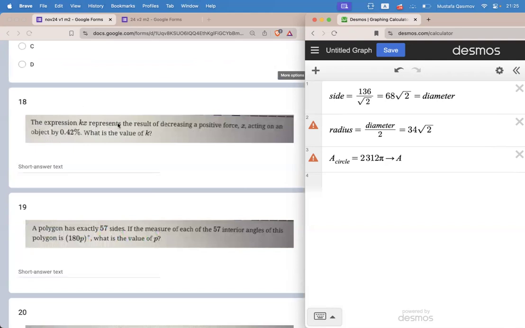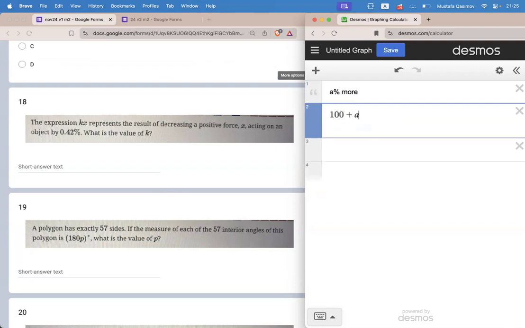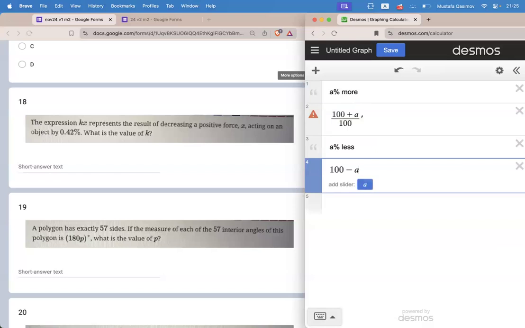When we are talking about decreasing a number by some percent, we have to use this formula. For a percent increase, or tax, it is 100 plus a over 100. When it is a percent less, or decreasing by a percent, a discount, and so on, it is 100 minus a over 100.